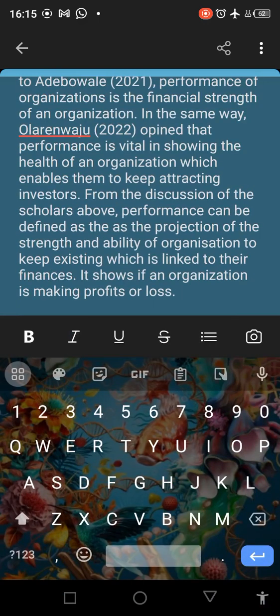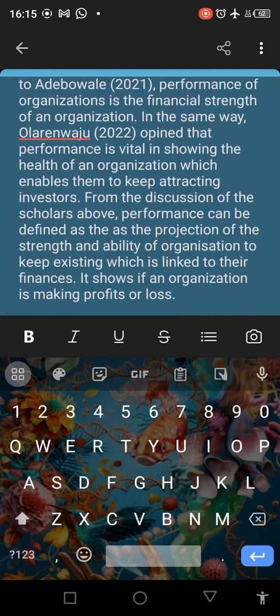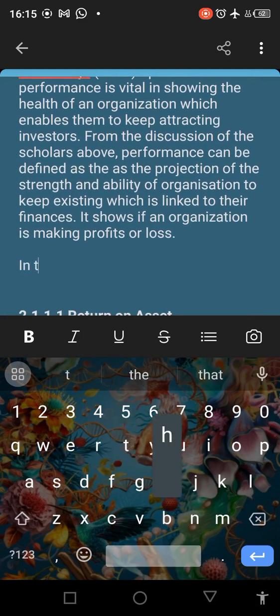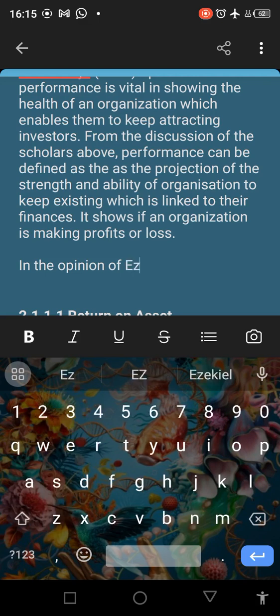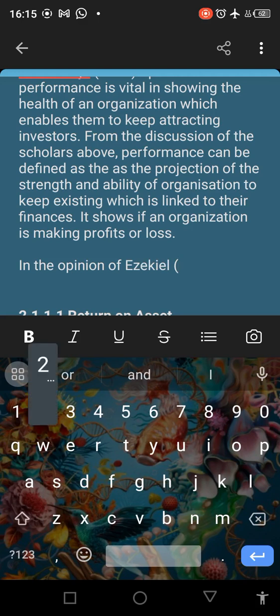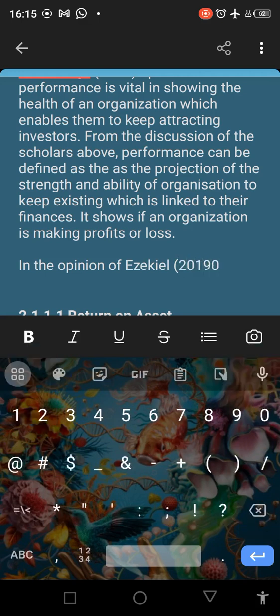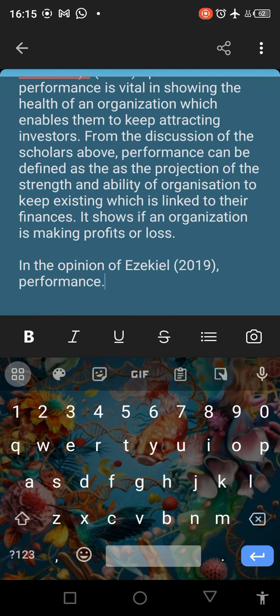Now I will move to another paragraph. If there is another thing that another person says, I might now say, in the opinion of Ezekiel (2019), performance is whatever he said.